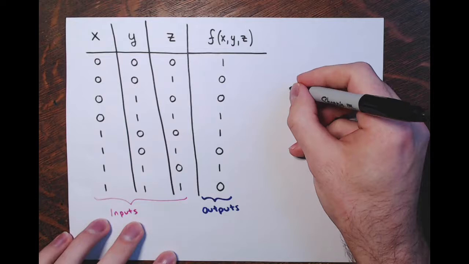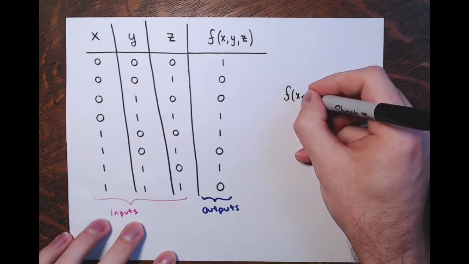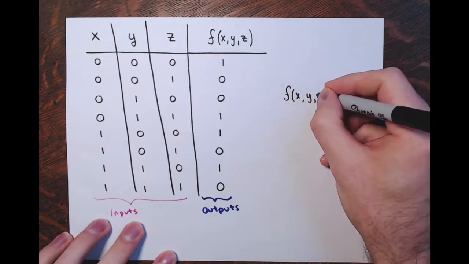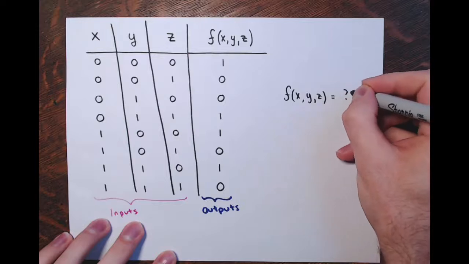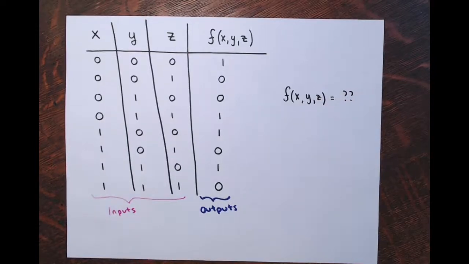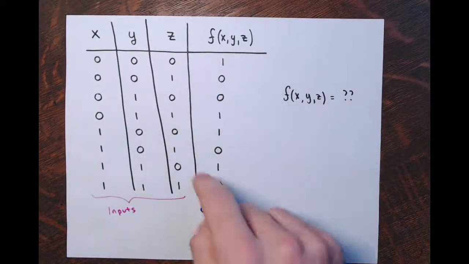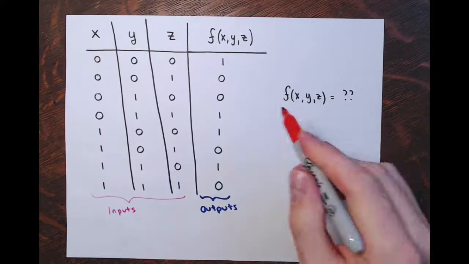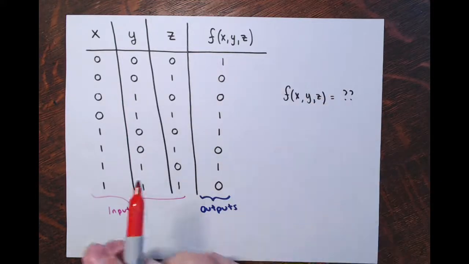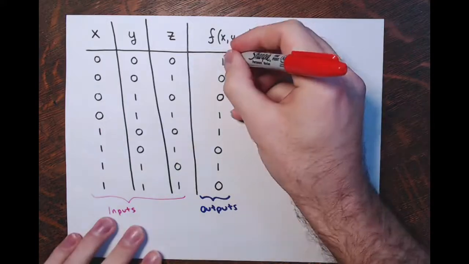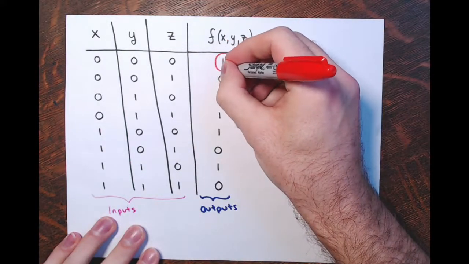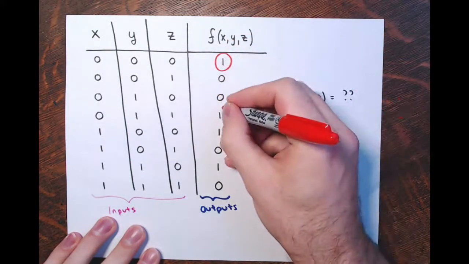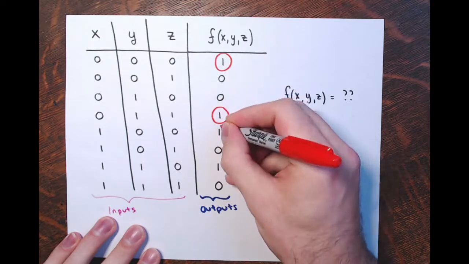What I'm going to try to do is write an expression for this function. F of x, y, z is equal to what? I'm trying to figure out the expression that would take on all these values when the inputs are all these. As in the last animation, given a table, can I write a function? We look at every row where the output is 1.